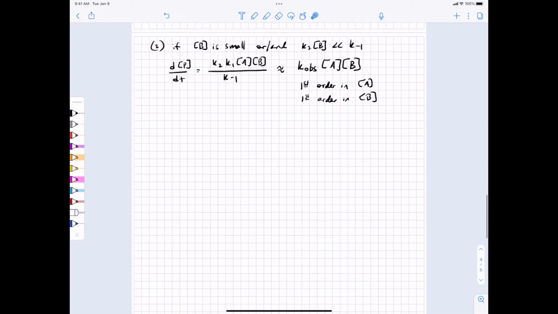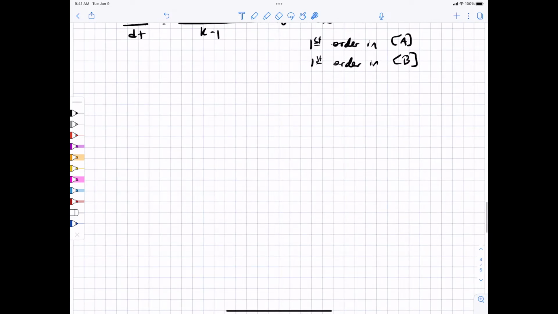All right, let's describe a slightly more complicated situation that we can treat with steady state kinetics. And this is going to be the SN1 reaction.